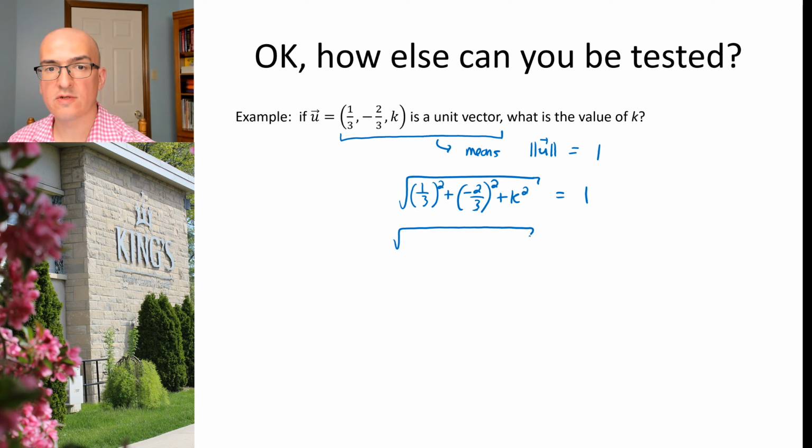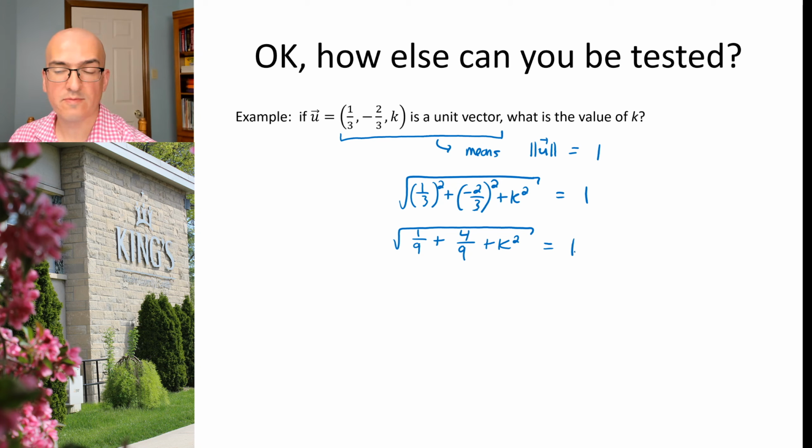So 1/3 squared is 1/3 times 1/3. So 1 times 1 on top, which is 1. 3 times 3 on the bottom, 9. So 1/9 plus negative 2 times negative 2, positive 4, over 3 times 3, 9, plus k squared equals 1.